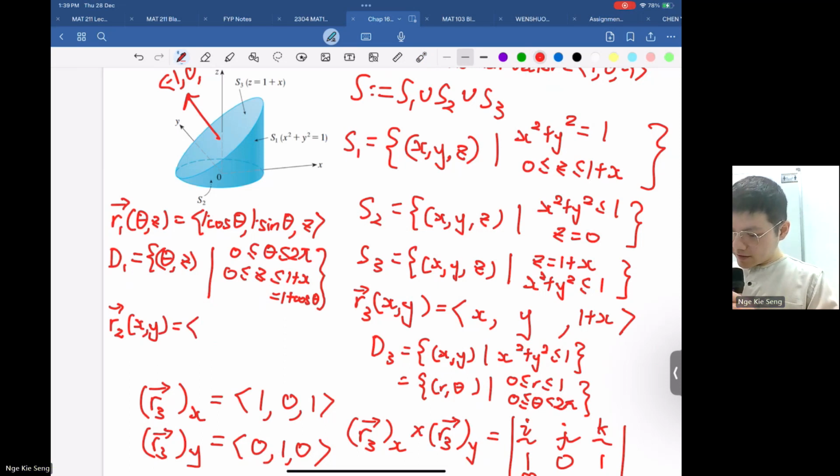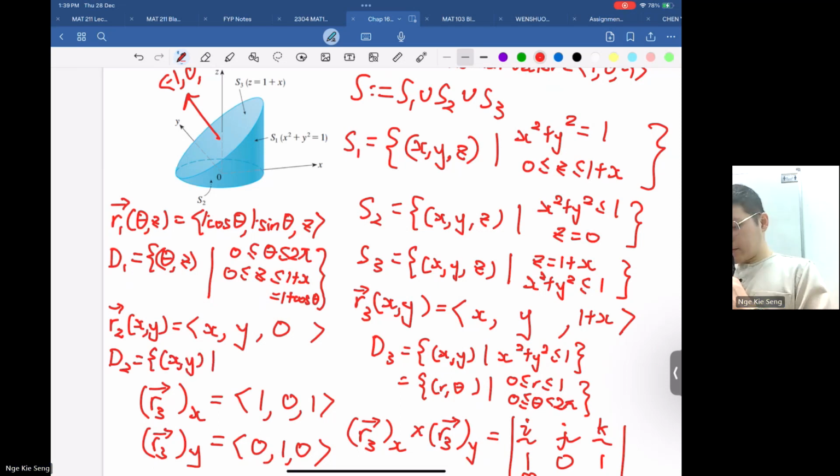It's just X and Y, and then the Z is always 0. But if you do this, you need to fix your X and Y. What X and Y do you fix? Only those X and Y that satisfy this equation.